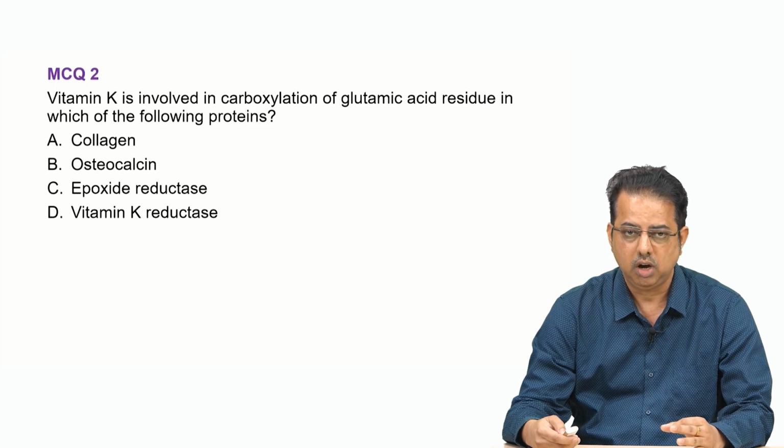One is clotting factors, second is osteocalcin. Since the option given is osteocalcin, answer B is the answer. Osteocalcin is a protein present in bone which undergoes this carboxylation reaction, and that helps the osteocalcin to bind with the calcium.